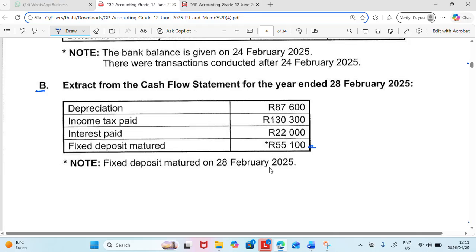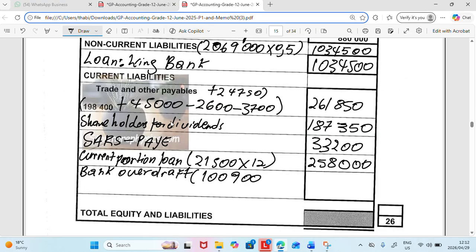It matured after that bank balance shown as unfavorable bank balance. Remember, the bank balance, it is unfavorable when? 24 February. But on the 28th, fixed deposit matured, we are receiving money, we have an inflow of cash that should reduce our bank overdraft, the money that we owe the bank, by how much? 55,100.